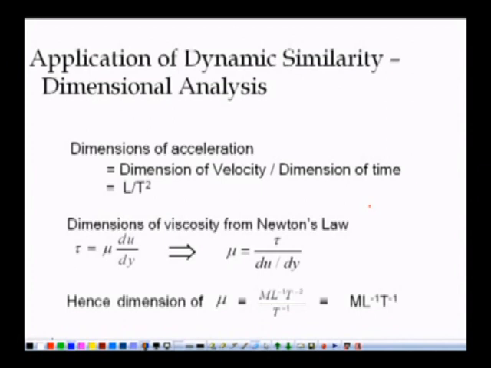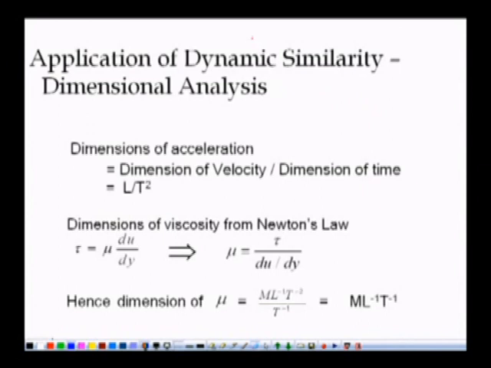What do we mean by fundamental dimensions? Like mass, length, time, temperature, light intensity, etc. These are fundamental dimensions required to describe any physical quantity, right.